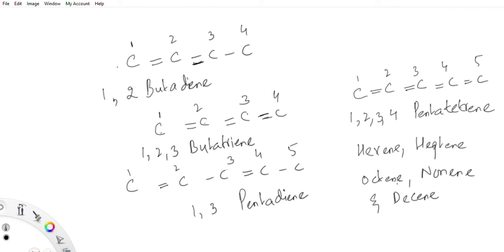Must do practice for these 5 compounds, and one by one increase the number of double bonds from different positions to different positions, and mention your task in the comment box. We will reply to your effort. I hope it's clear.